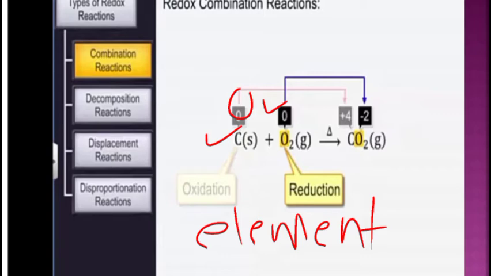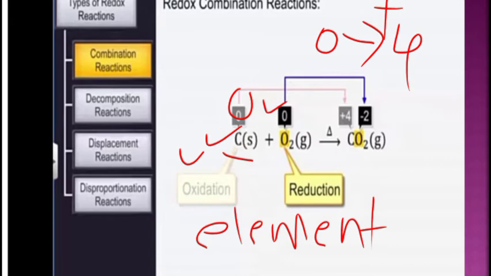We'll see which one is oxidized here, which one is reduced here. We have defined oxidation and reduction based on the oxidation number. If we take carbon, it is in elemental state, so its oxidation number is 0. After the reaction, it became +4. So 0 to +4. So its oxidation state is increased. If the oxidation number increased, it will undergo oxidation.